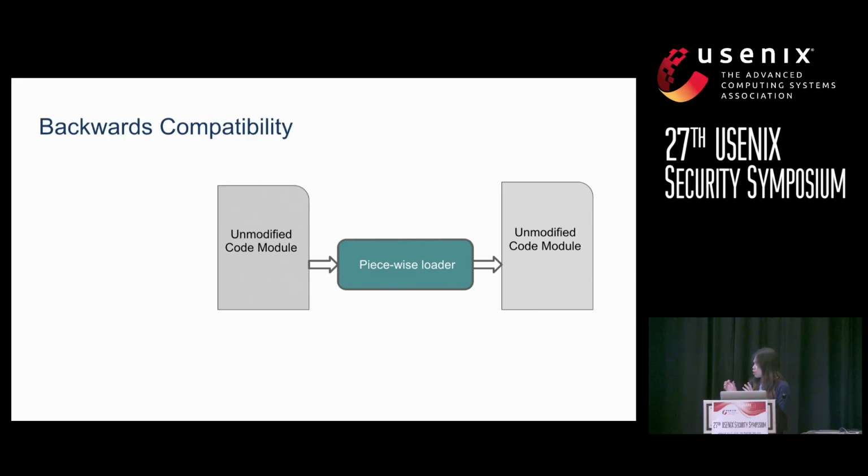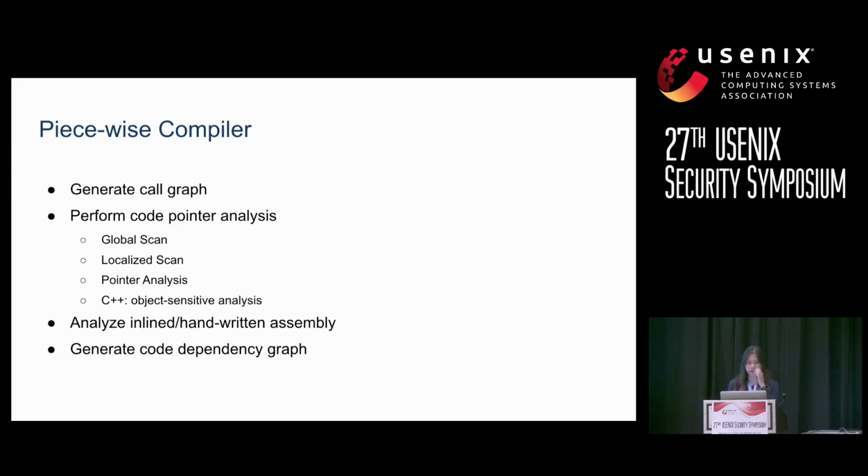So let's take a look into the first component of our framework. For the piecewise compiler, we take the source code of the code module, generate the initial version of the code graph, and there are missing dependencies in this code graph. We will perform code pointer analysis.